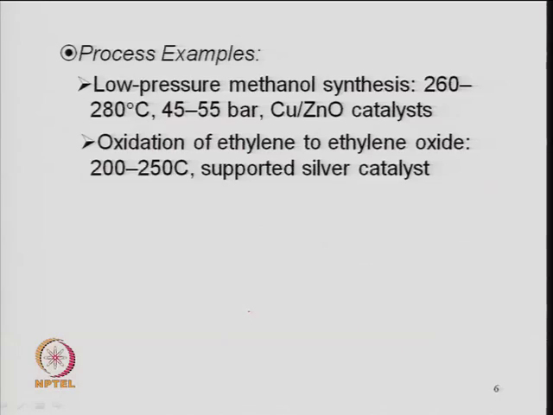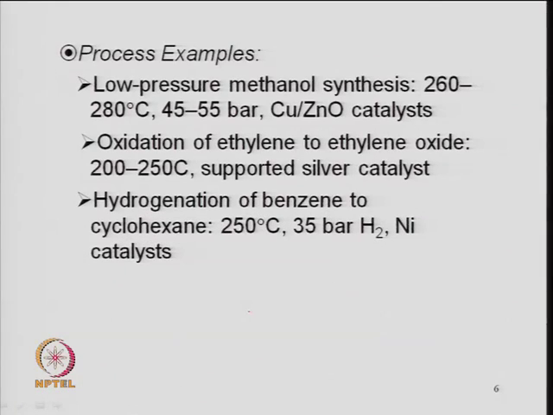So, one can control the operations, right. There are various processes which have been done, say low pressure methanol synthesis, right, which is done at 260 to 280 degrees centigrade and pressure around 45 to 55, Fischer-Tropsch type of reaction, and the catalysts are also a different kind of catalyst.